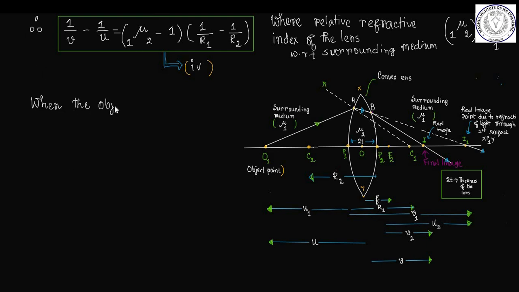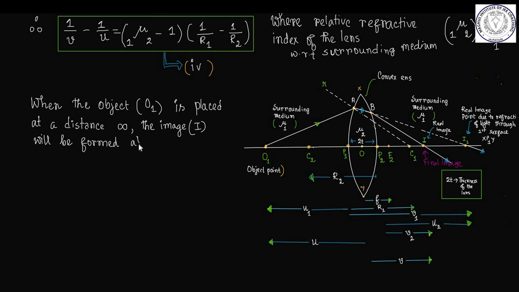When the object point O1 is placed at infinity, that is, at a distance of infinity from the optical center or the lens, the final real image I will be formed at the second principal focus f2 of the convex lens.